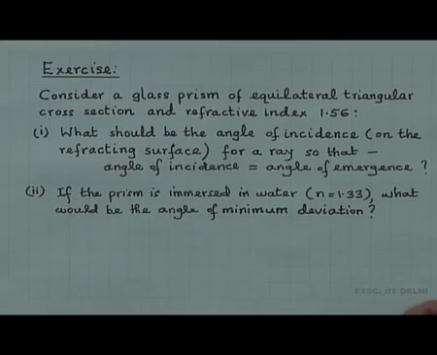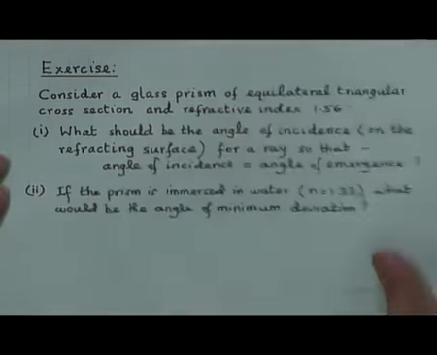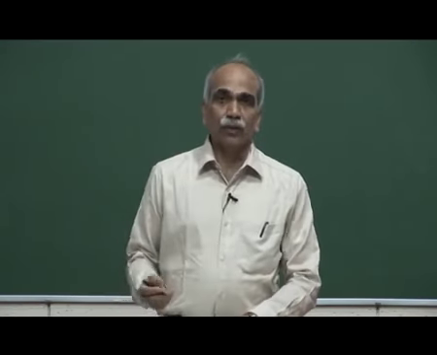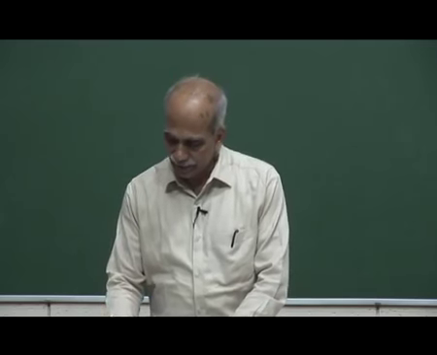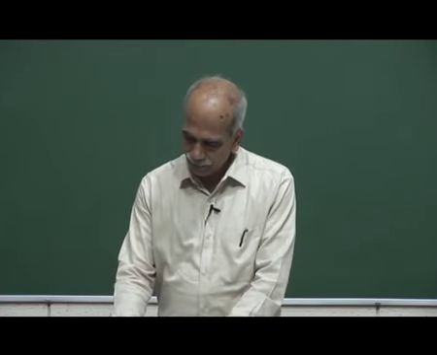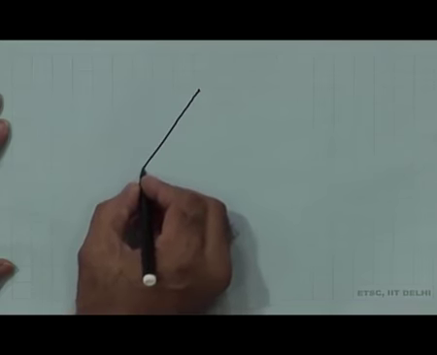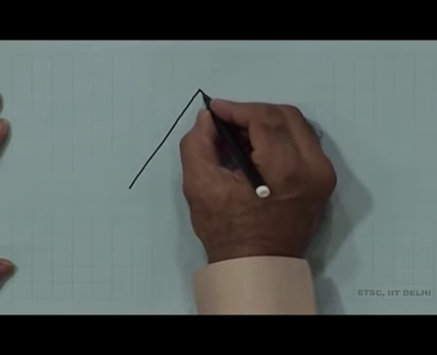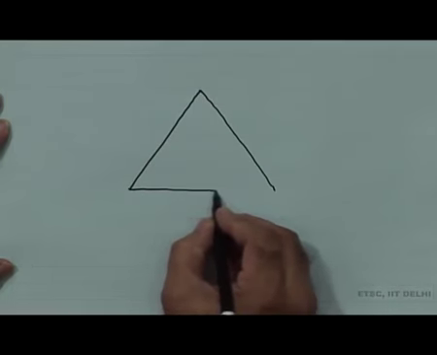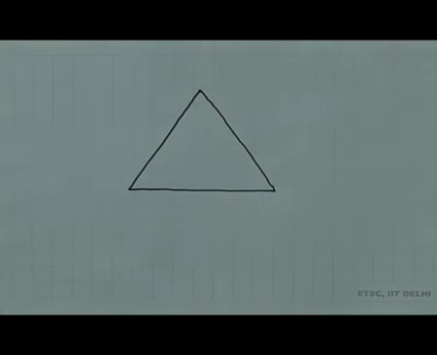So, let us try to understand this problem. Consider a glass prism of equilateral triangular cross section. Let me draw the diagram here. We have a glass prism of equilateral triangular cross section. This is actually the top view, as we have seen in the actual prism.